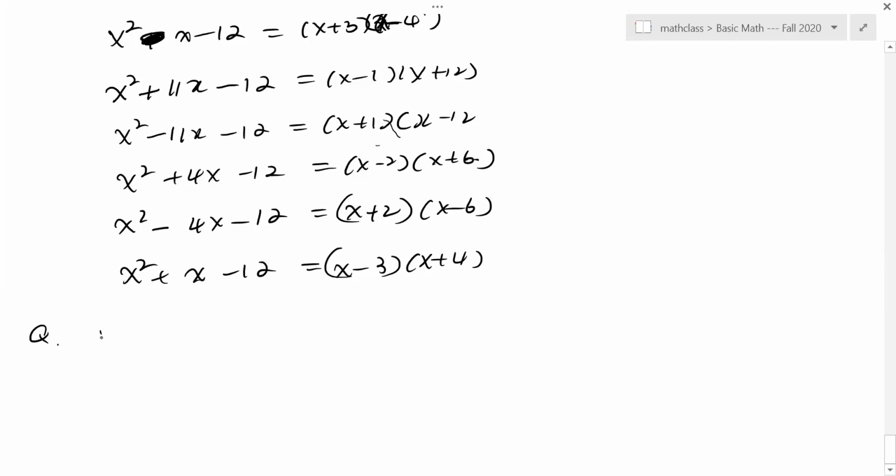So let's try a different problem. Factor x cubed plus 6x squared plus 9x. Okay, let's do this one.